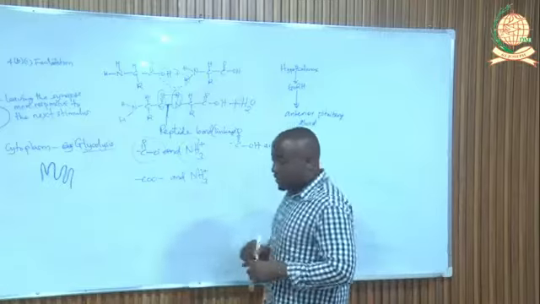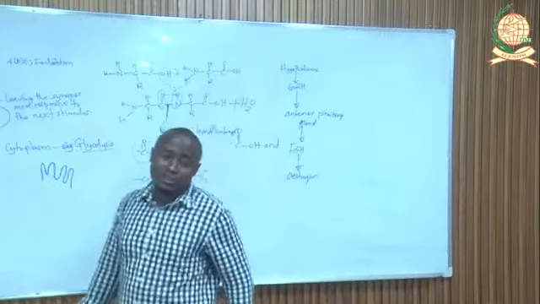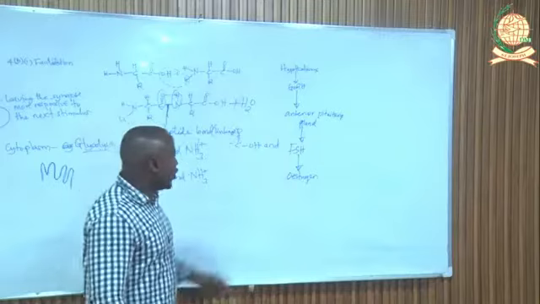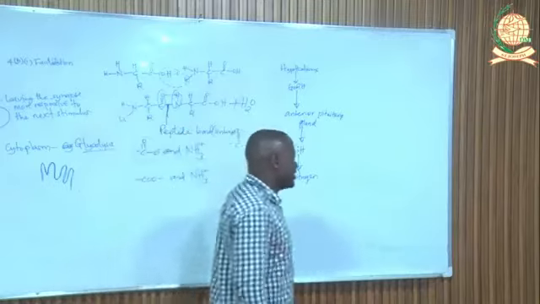Oestrogen is a steroid hormone, and this hormone has two targets.